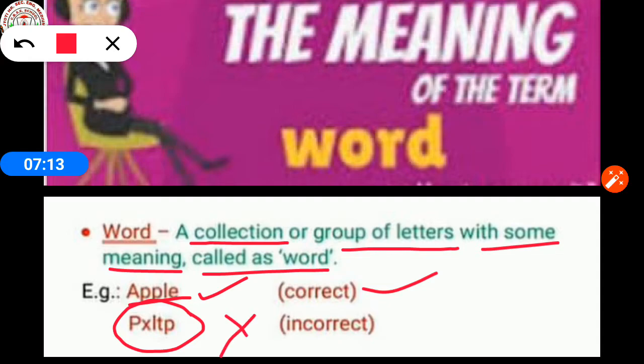This is incorrect. This particular word has no meaning, because these letters are not properly arranged. So, a word means a collection of letters, a group of letters, and when we arrange the letters in a systematic way which have some meaning, that is called a word.